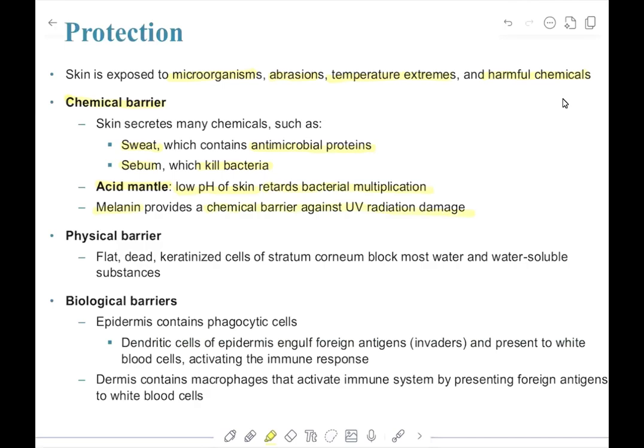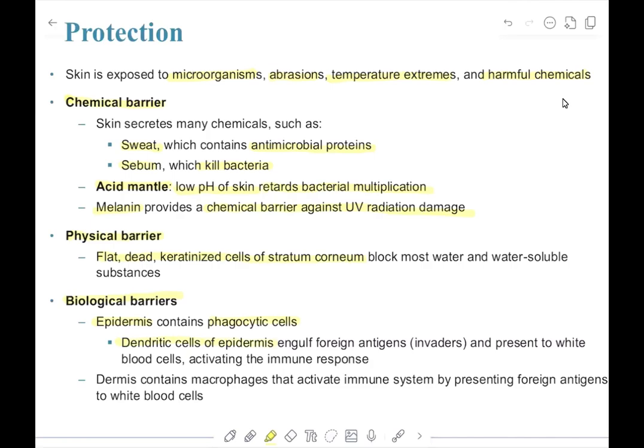The next type of protection is physical, and that's because of these tough, flat, dead keratinized cells of the stratum corneum. They can block most water and water-soluble substances. And then finally, the last protection is the biological barrier, because the epidermis has phagocytic cells. Remember, these phagocytic cells are called dendritic cells of the epidermis.